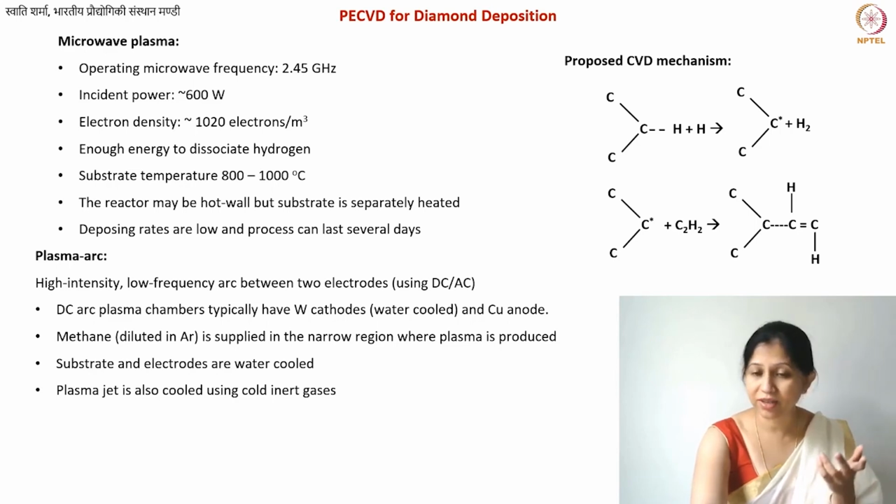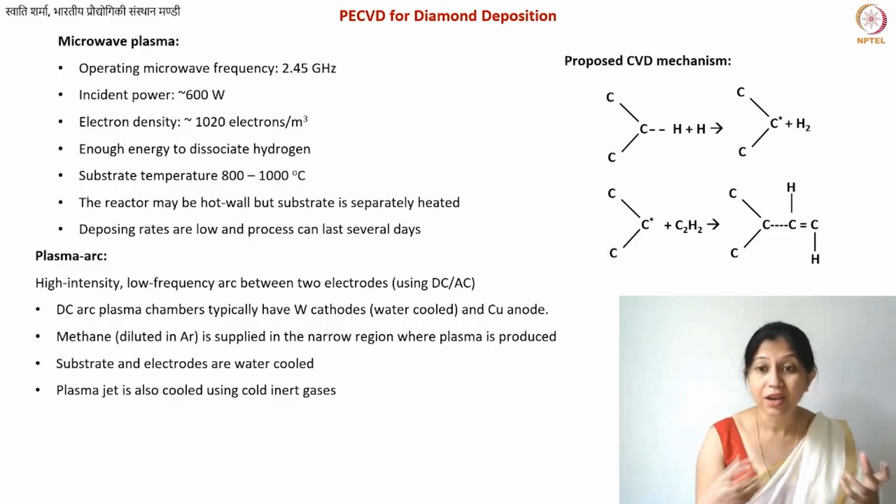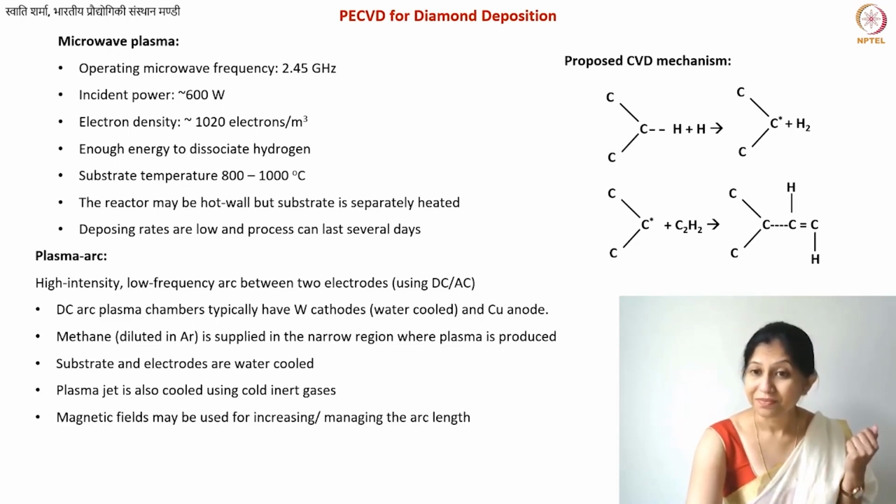The substrate and electrode temperature is maintained by both heating and water cooling, and that is why these kinds of CVD setups will have multiple valves, not just for different gases, but also for water jets for cooling. Even the plasma jet is sometimes cooled, because you need to maintain the optimum temperature of both the substrate as well as the reaction chamber.